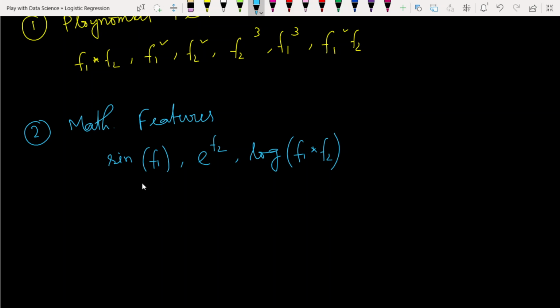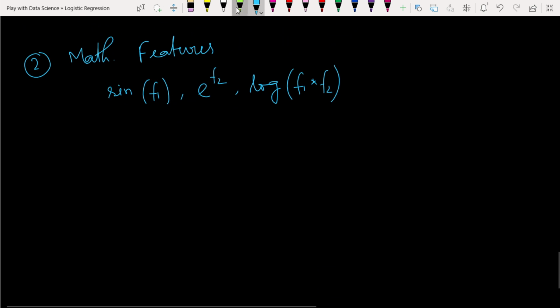This kind of feature is called a mathematical feature transformation. You can use trigonometrical ones as well, but exponentials, logarithms, etc. are called mathematical.